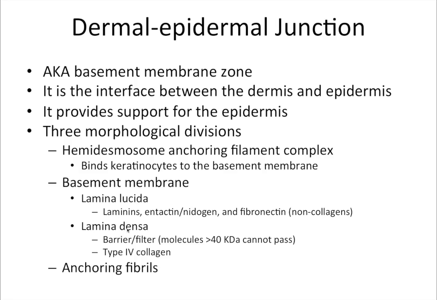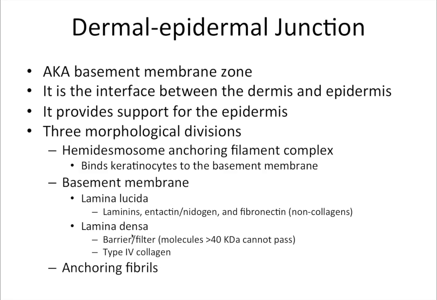Densa referred to the part of the basement membrane that actually looked dark in the TEM images. So it's just something for you to know. Essentially with the TEM, they stain the sections of skin, and the section that appears clear, the upper layer, is called the lamina lucida, and the lamina densa, which is darker, is called lamina densa.